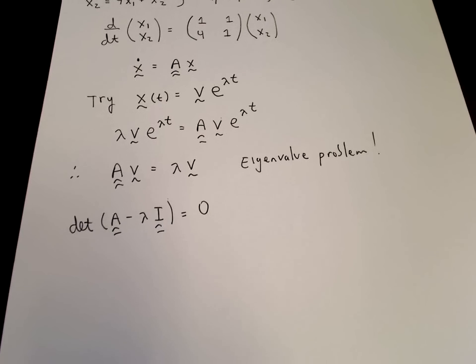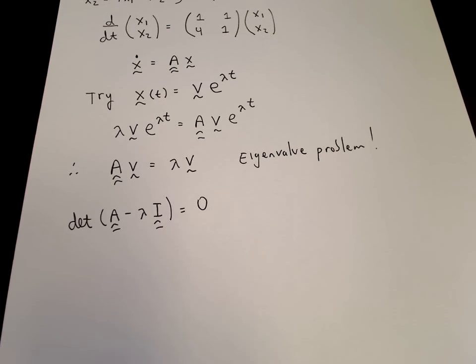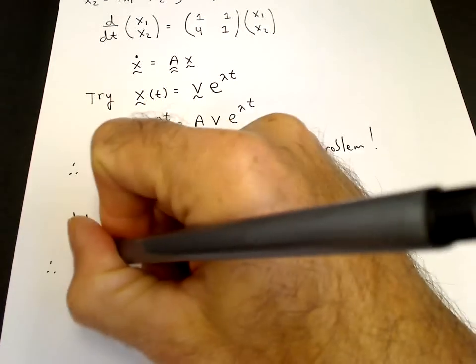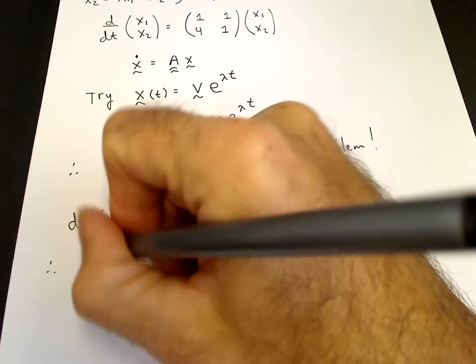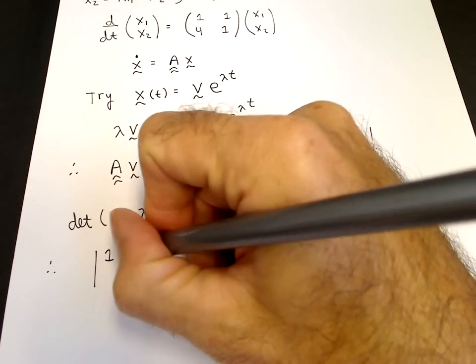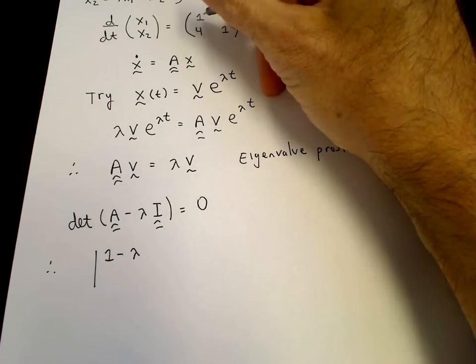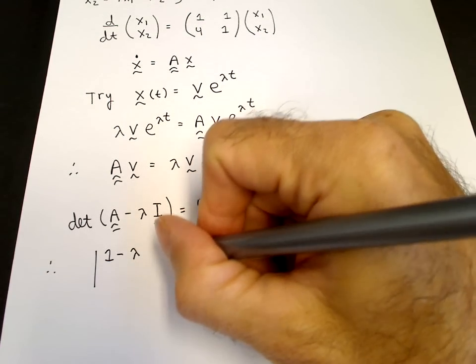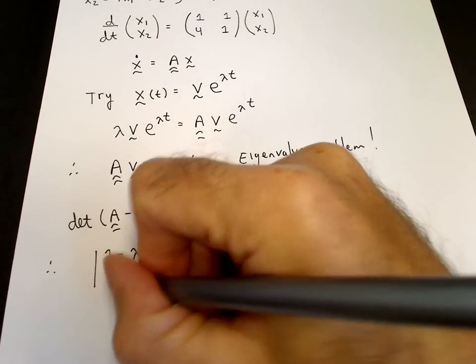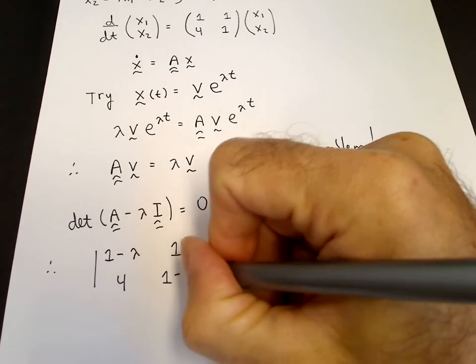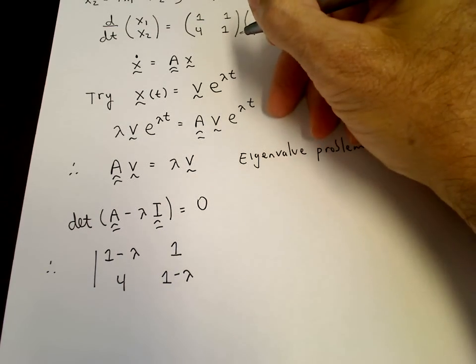A is 1, 1, 4, 1. So this becomes the determinant of the matrix with 1 minus lambda on the diagonal, 1 off diagonal, 4 off diagonal, and 1 minus lambda on the lower diagonal.